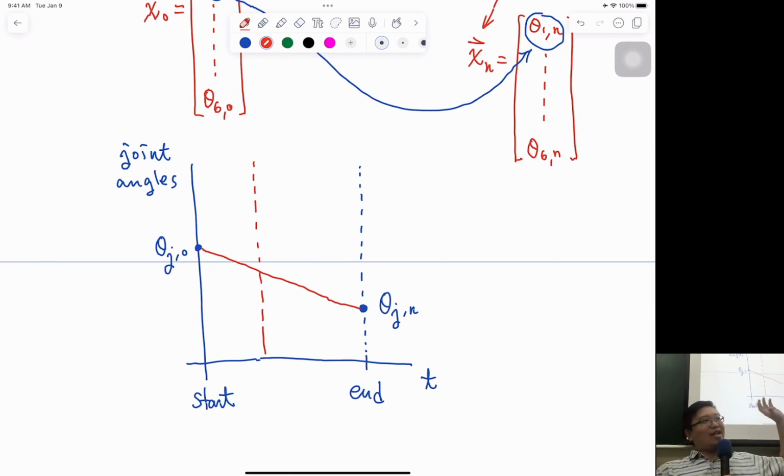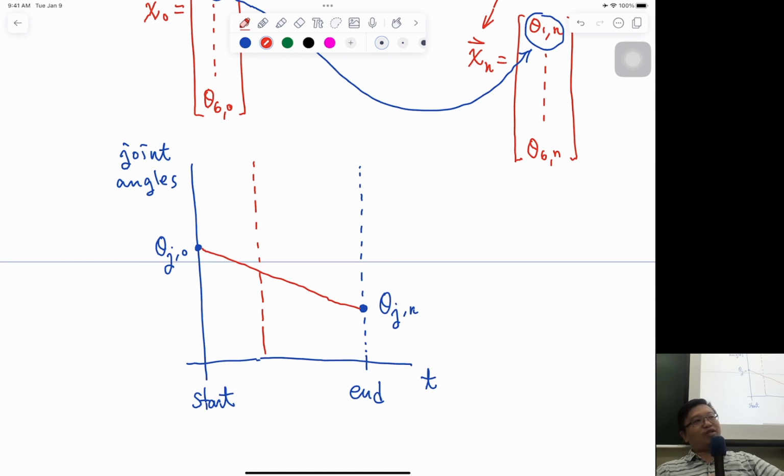And you have no idea where the end effector is going to be, unless you truly compute the end effector coordinate at every intermediate configuration.